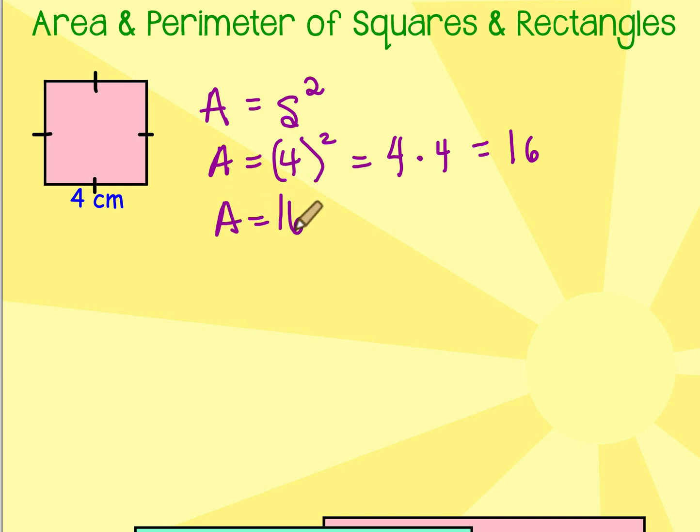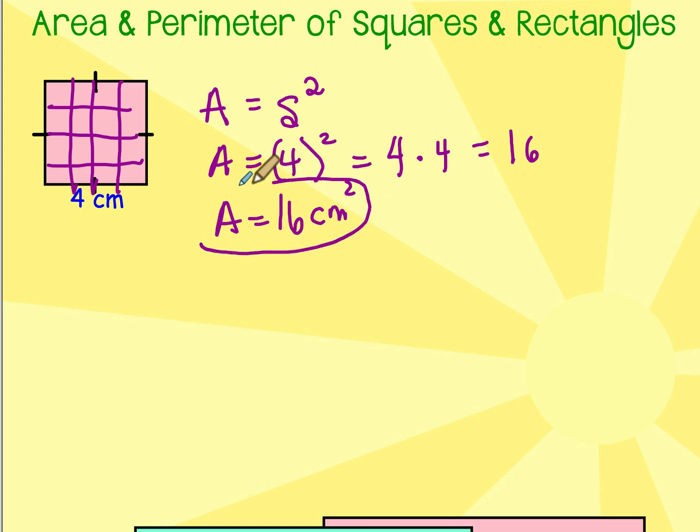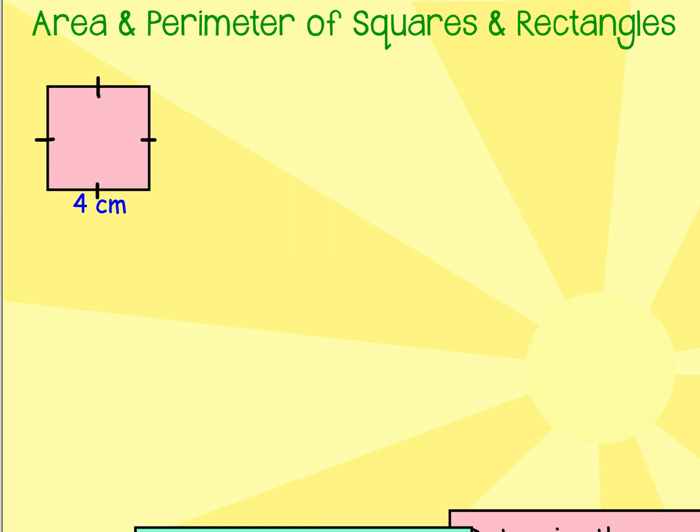What area means is I'm cutting this up into little teeny squares that are 1 by 1 centimeter. So it's how many square centimeters. For area, my units always have to be square units. So I'm saying my area is 16 square centimeters. And that would be my final answer.